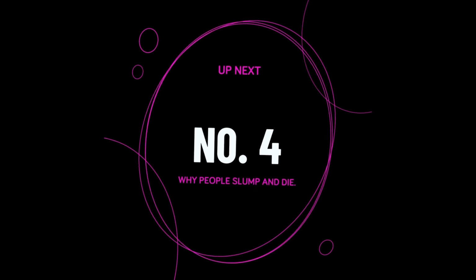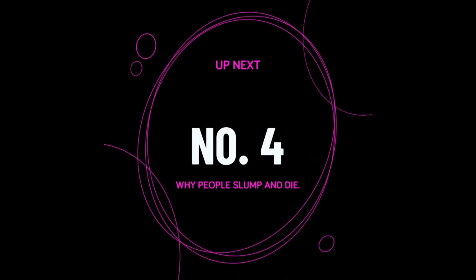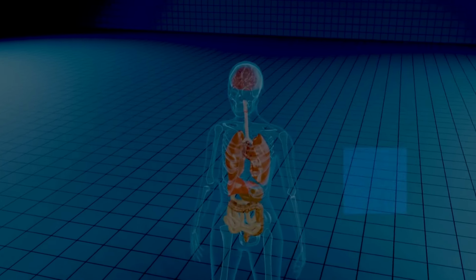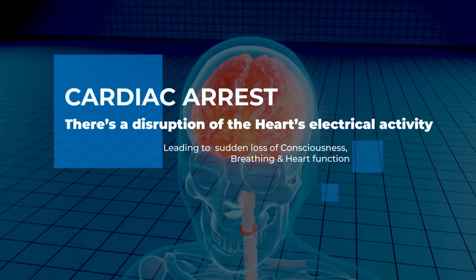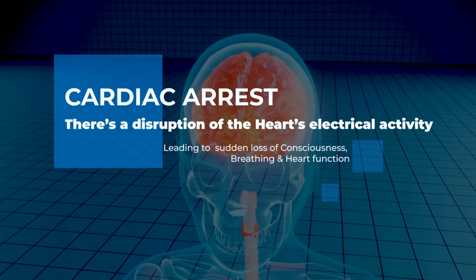And that brings me to the 4th thing on my list, and this has to do with the heart, right? But it's not a heart attack, it's a cardiac arrest. Many people don't really know the difference between a cardiac arrest and a heart attack, and it's one of the things I'm going to be discussing now. So I've already talked about the heart attack, right?